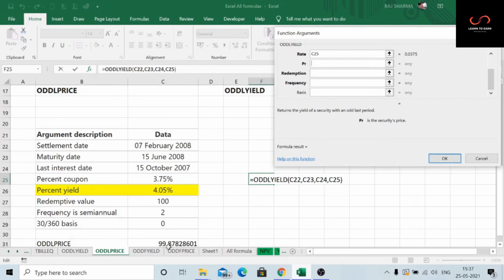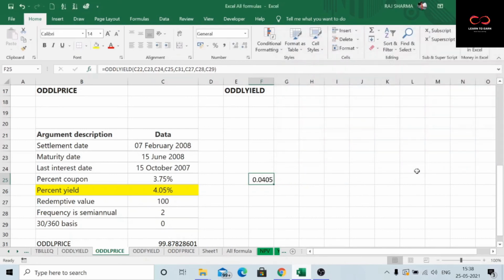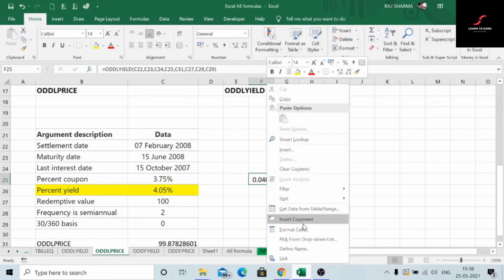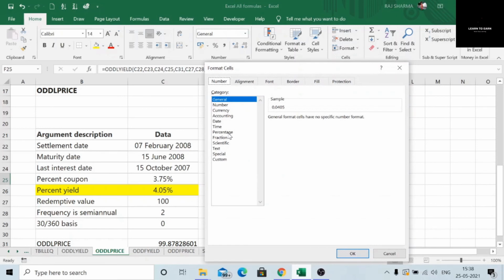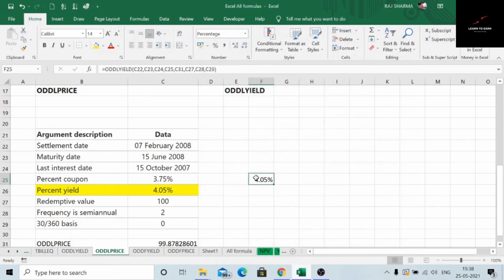So this is the present price of the bond, that we have to take, 99.878. Then redemption value is 100, frequency is 2 and day count convention is 0. And here is the yield. Let us convert this yield into percentage and you can see my yield has come to 4.05.